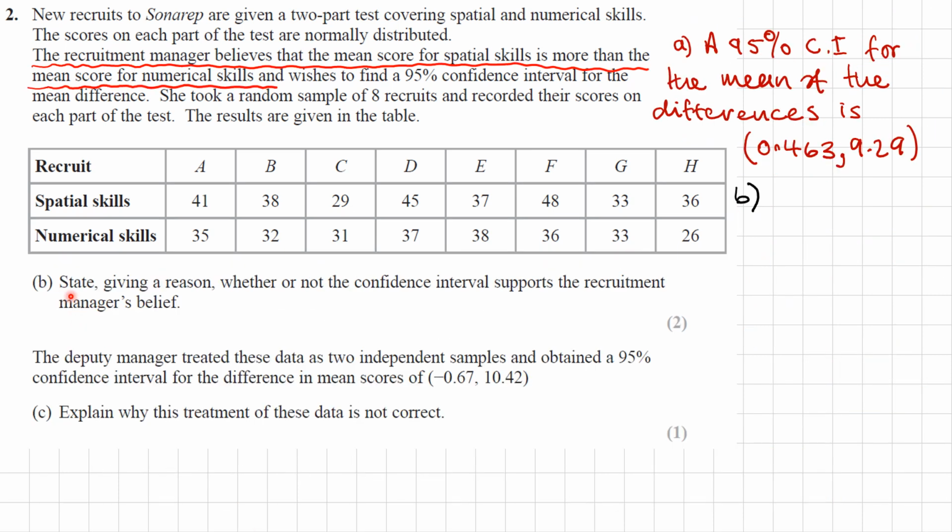Part B. State, giving a reason, whether or not the confidence interval supports the recruitment manager's belief. So if we look back at the question, the recruitment manager's belief is that the mean score for spatial skills is more than the mean score for numerical skills. Now there's actually a problem with trying to support her belief, and the problem is to do with our confidence interval here.